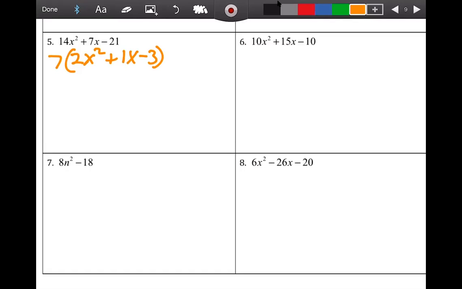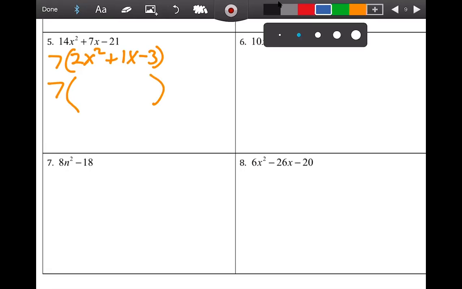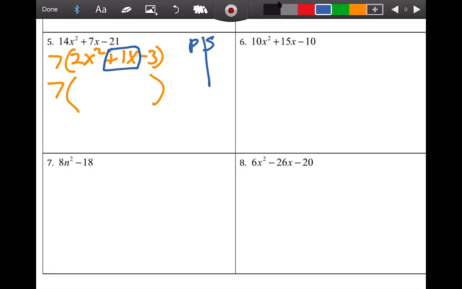Grouping, we're going to use product sum to group. So I'm going to bring my 7 down, and we're going to rewrite this middle term with grouping. Product sum: 2 times negative 3, which is A times C. We're also going to look at the sum, which is positive 1, plus 1.